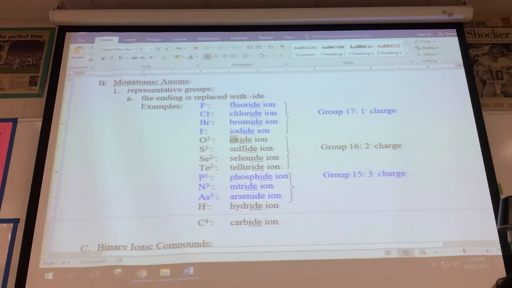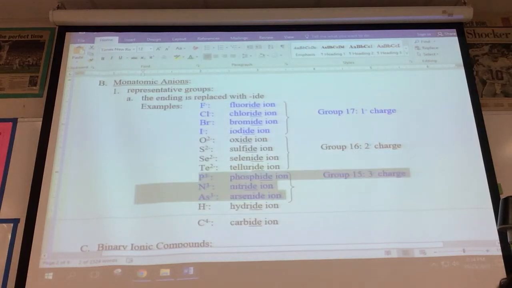Oxygen becomes oxide ion, sulfur becomes sulfide ion, selenium becomes selenide ion, and tellurium becomes telluride ion. These all have a 2 minus charge because they've gained 2 electrons to complete the octet in the outermost shell. They had 6, they gained 2.